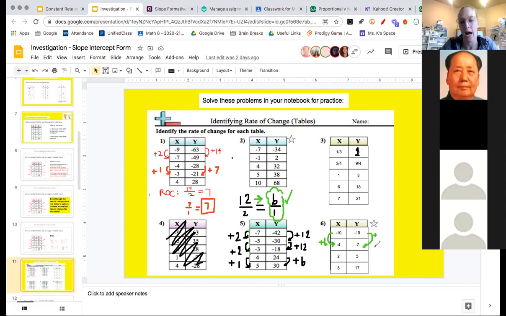So what's the change on this side? What's the change in the y? You'd use your fingers like 19, 18, 17, 16, 15, 14, 13, 12.